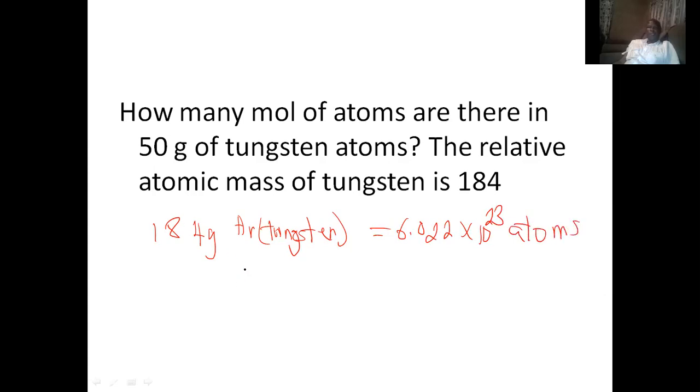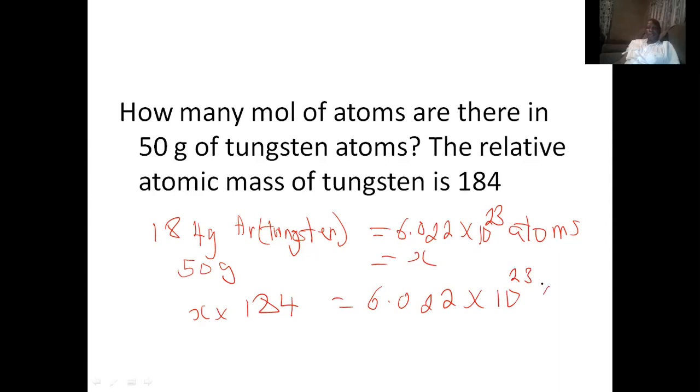So what we are saying is, what about if we have 50 grams? What is it going to give us? If we cross multiply, X multiplied by 184 would give us 6.022 multiplied by 10 to the power 23 multiplied by 50.